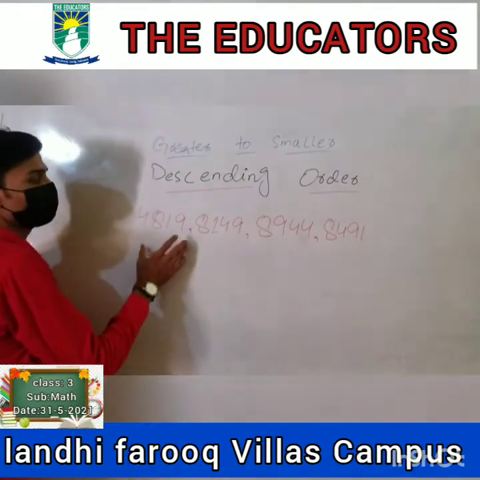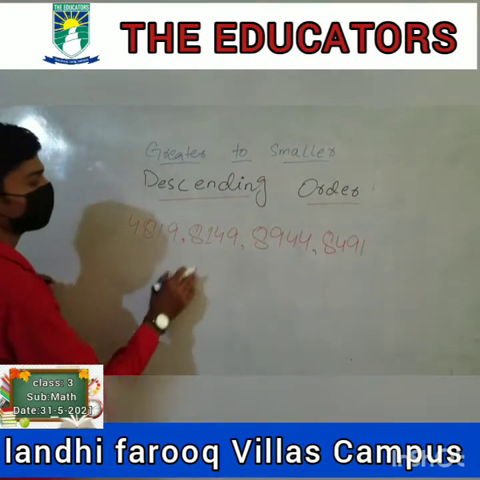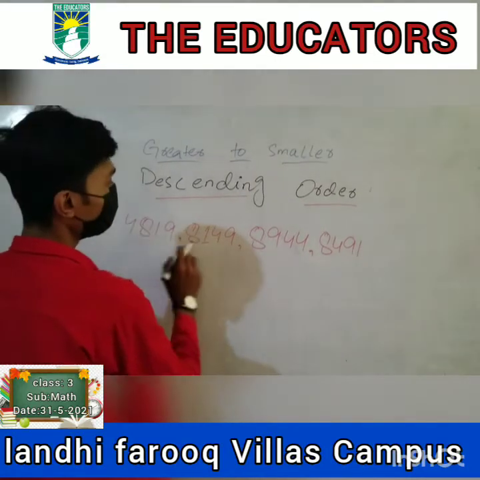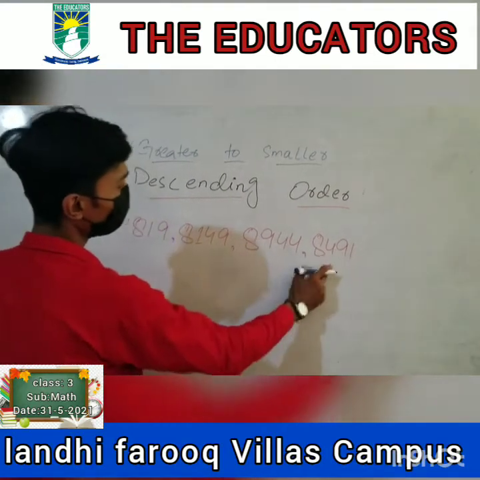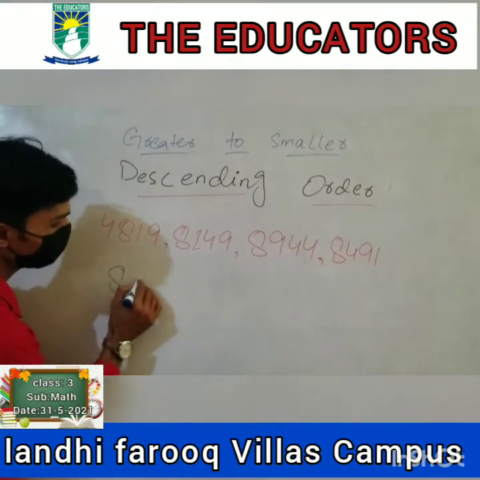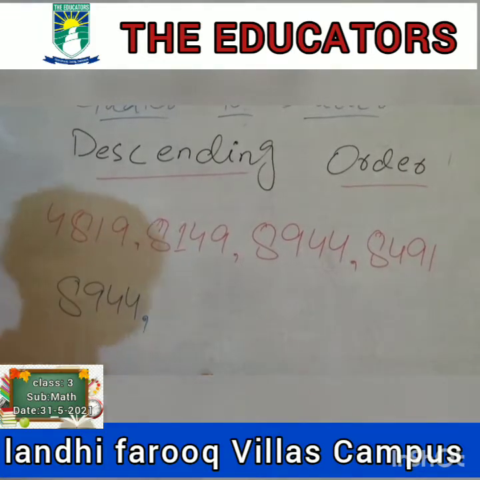Okay class, now we are going to learn descending order, which means greater to smaller. We have 4 numbers. So first we write the greatest one. What is the greatest one? 89, 81, 84, 48. 89. So we will write 89. Then skip this.